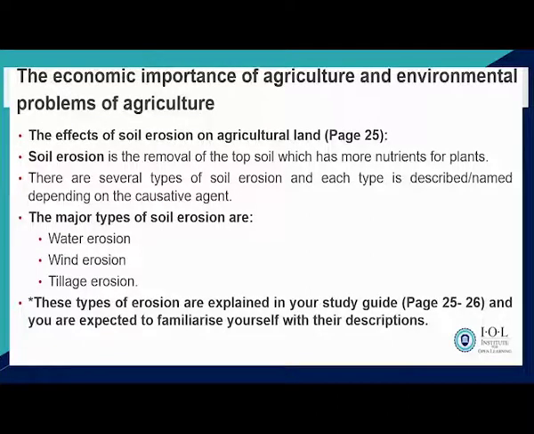You would find that some erosion is caused as a result of wind, so it is named as such based on the causative agent. We have three major types of soil erosion, which are water erosion, wind erosion, as well as tillage erosion. These are discussed in more detail on pages 25 to 26 of your study guide.